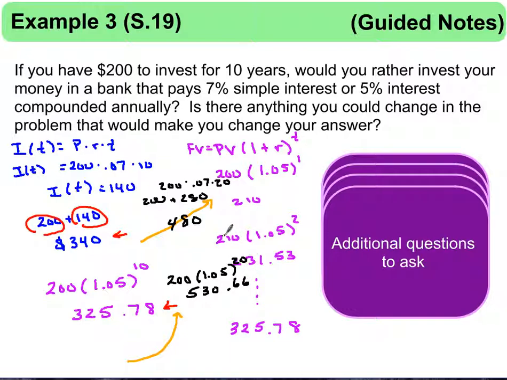So again, you could see that at 10 years, the simple interest was better, but if I changed it to 20 years, then the compounded annually one would be the one that I want to go with. And that's not to say 20 is the first year that it gained its popularity over the simple interest. That is just one example to show how that plays out.